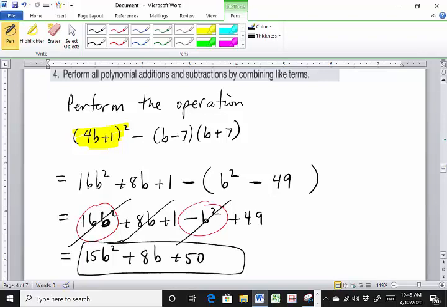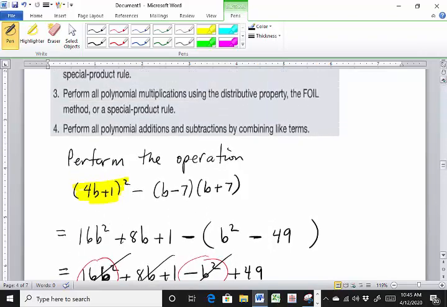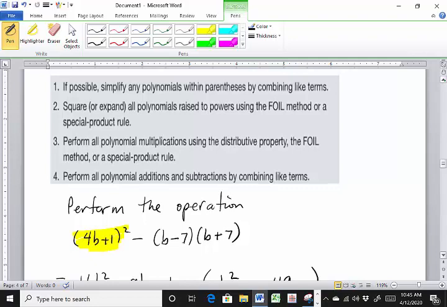So we did follow these steps. Let's go back here. The first one said simplify any polynomials within parentheses by combining like terms. There was nothing we could simplify within the parentheses. So then we went to raising the polynomial to some power, and we raised the 4b plus 1 to the second power. Then it says perform multiplication using the distributive property or a special product.